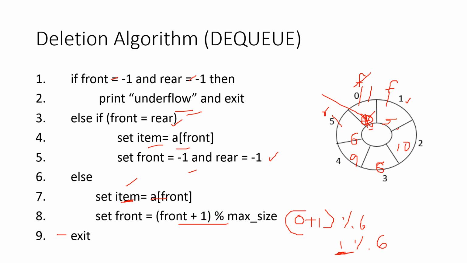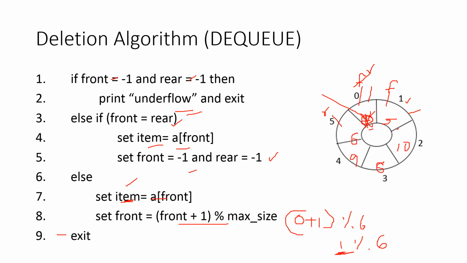And then if it is full, and from there you are removing the first element, the element which is in the front, then after removing, front will jump to this location. Say this, front is equal to (front + 1) % maximum size.